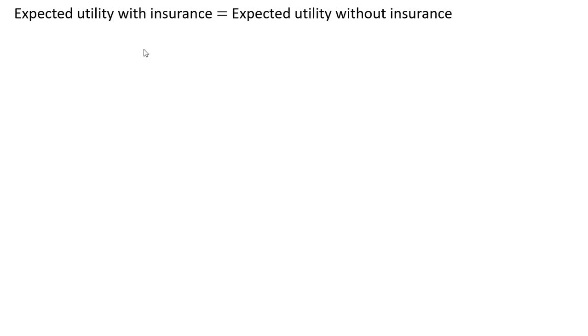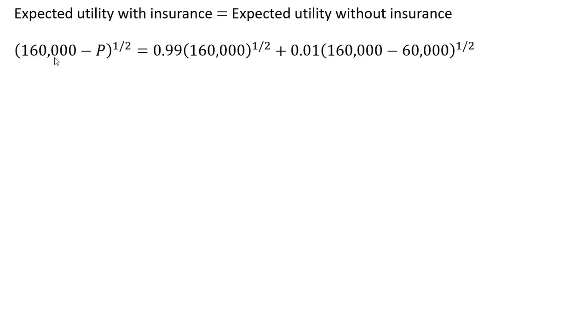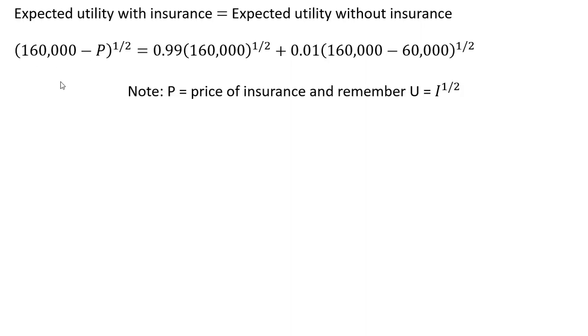So just rewriting that condition, we're going to set the expected utility with insurance equal to the expected utility without insurance. So what is our expected utility with insurance? On the left-hand side, remember here, P is going to be the price of insurance, and her utility function is given by I, or income, raised to the 1/2 power, just the square root of income.